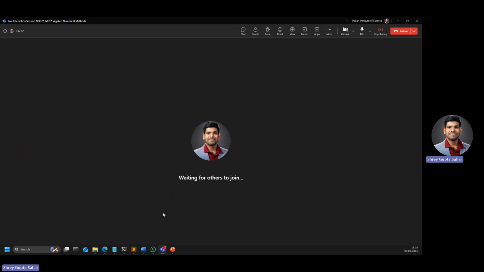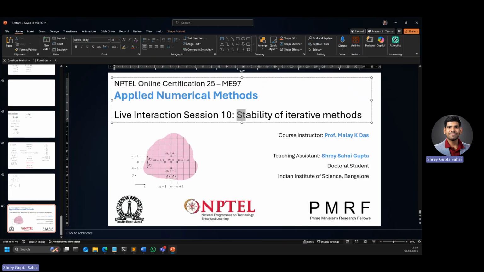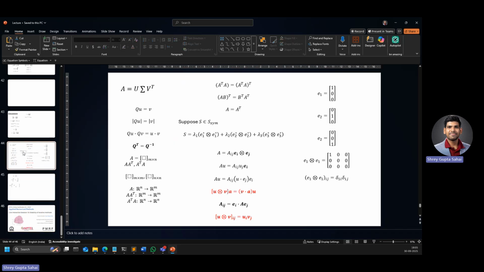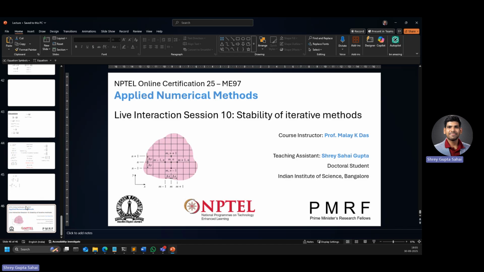Okay, so let's see. My plan for today was to discuss the stability of iterative methods, in continuation of the questions we were having last time on the Scarborough criteria and positive coefficient criteria, and then in general the stability of iterative methods.